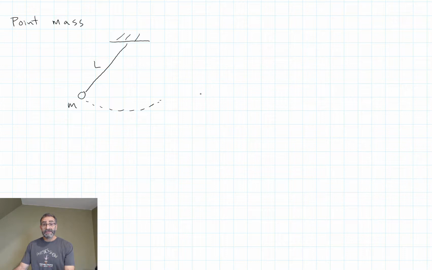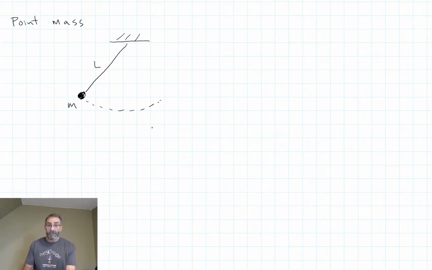A simple pendulum. Simple means that all the mass is in the end, in this pendulum bob. All the mass is at the end, and the string is massless. The string has a length L, the mass is M, and it's swinging back and forth across this dashed line I drew.